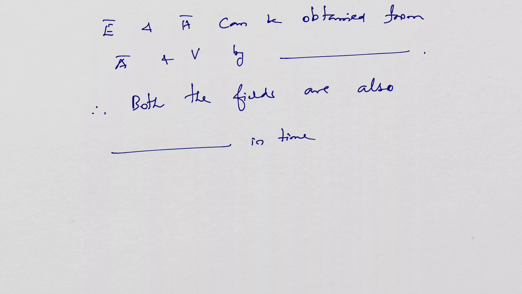So obviously we need to consider the delay time for the calculation of E and H also. So from A and V, by differentiation, E and H are calculated. Those two fields generated from retarded potentials will be called retarded fields in real time.